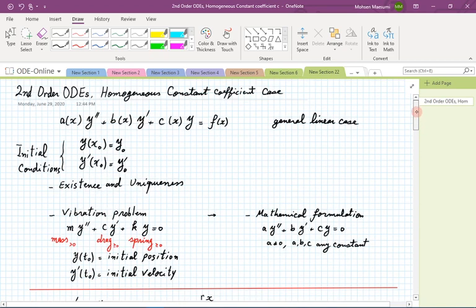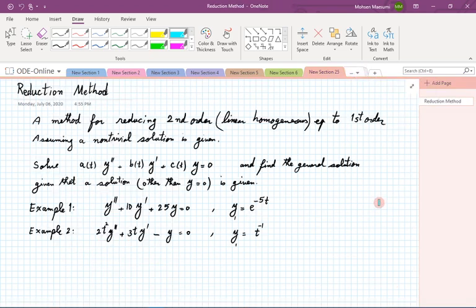What we are aiming to do is to go after some of the problems where these coefficients are variable. They are functions themselves, but we still have the right hand side as 0. Let's go ahead and do an example. We will see clearly what is involved here.